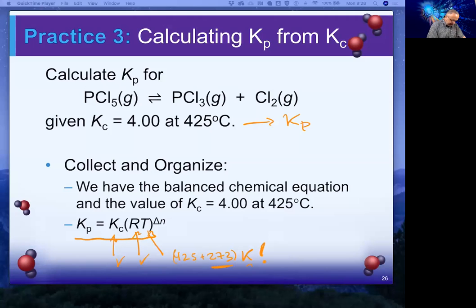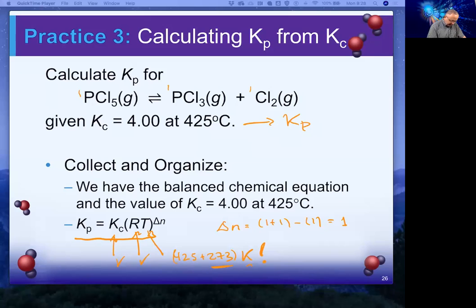And the delta n is products minus reactants. So what is the delta n? It's going to be 1 plus 1, products, minus reactants, 1. That is going to be 1.